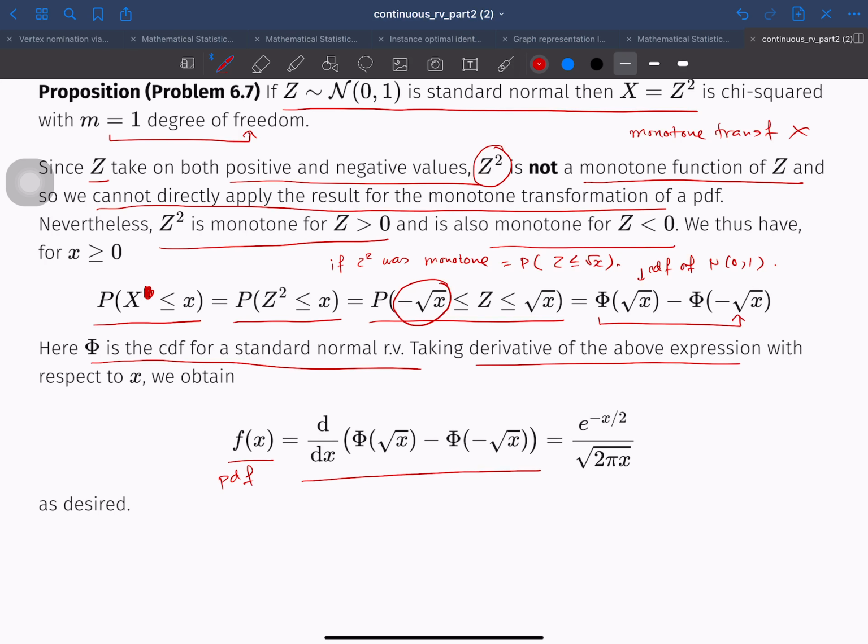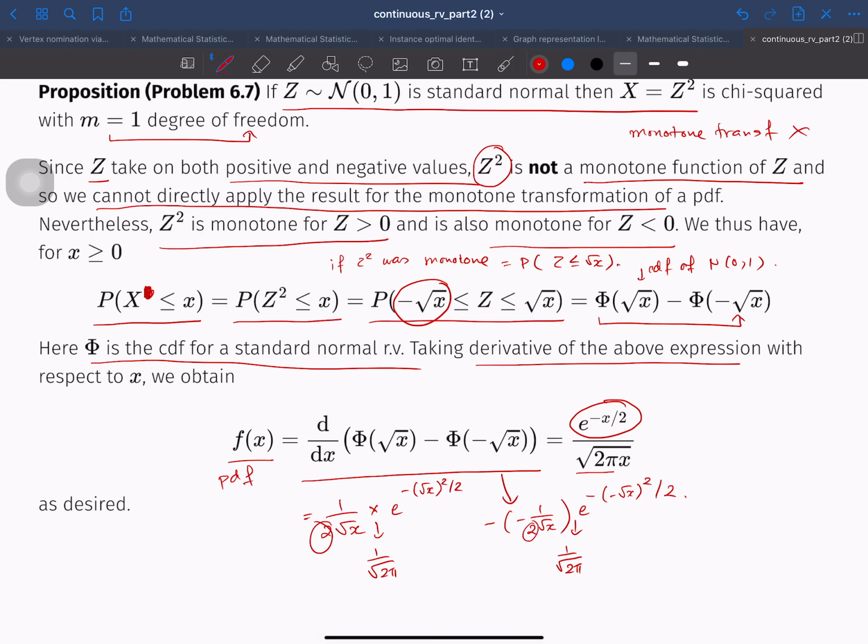In both cases, it is e to the minus x divided by 2, and then you have to introduce the factor 1 over square root of 2 pi, and here also 1 over square root of 2 pi. But that doesn't matter because of these 2 here cancelling out, so you get the remaining factor of 2.